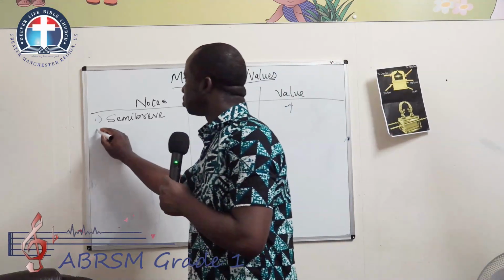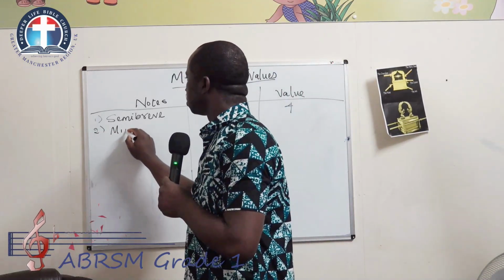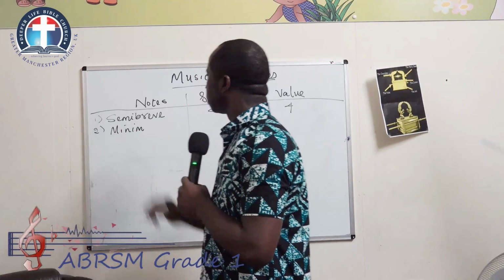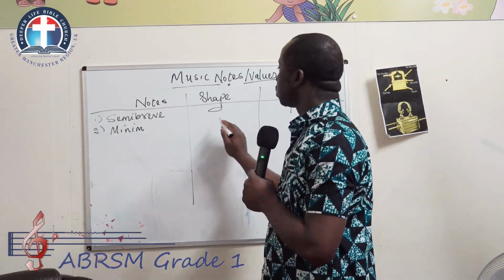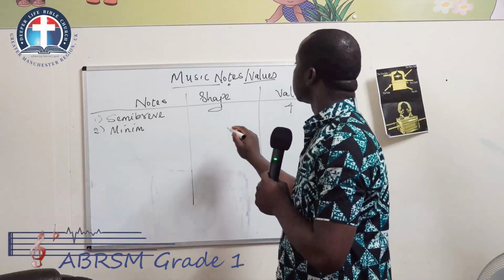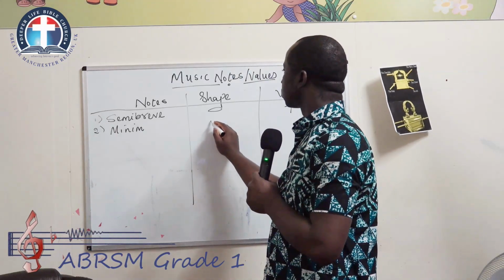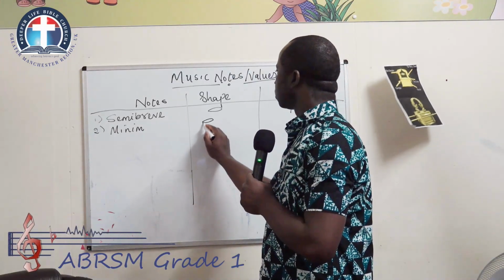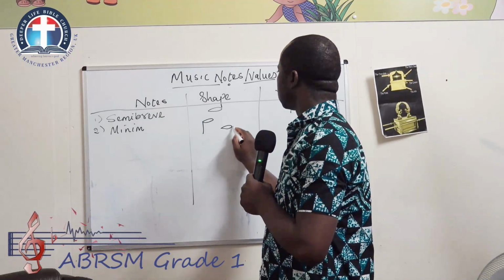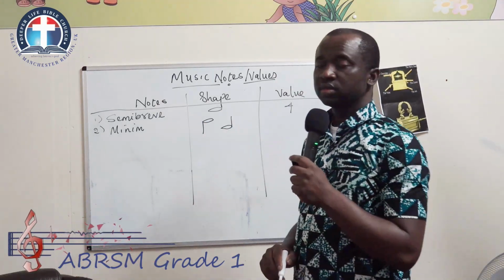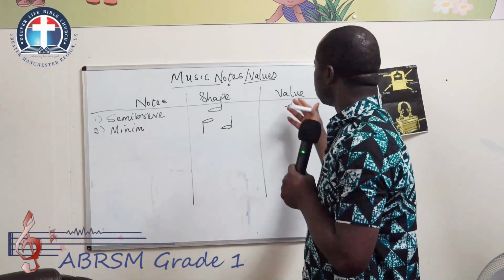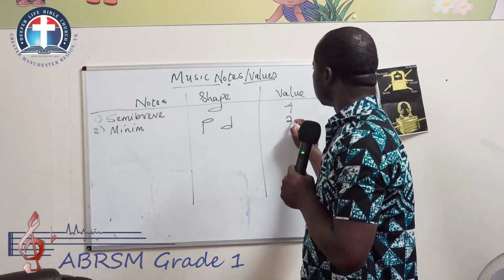Minim, good. You should know how to draw this. Then what's the shape of that? This or this, am I right? Okay. What's the value? 2.